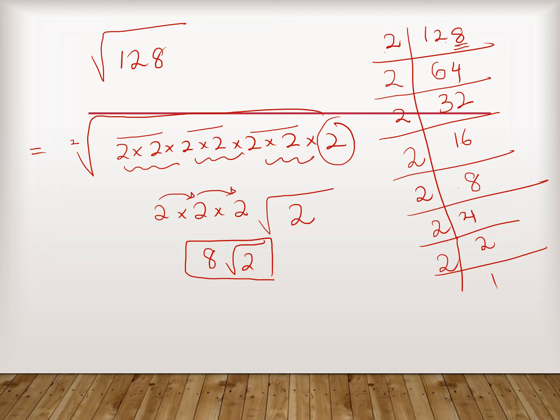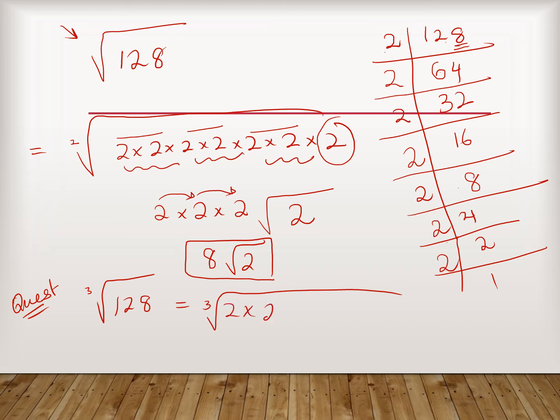Now let's see the same 128, but what will happen if there is a cube root? Let's suppose my question is the cube root of 128. The first thing is that you factor 128 as we did before. Then we have seven 2's.